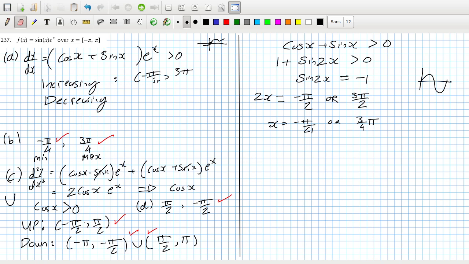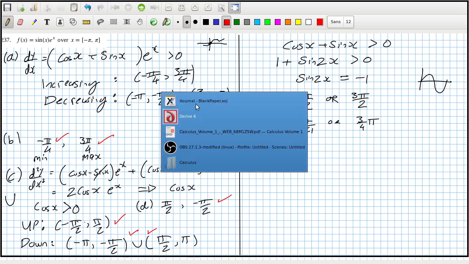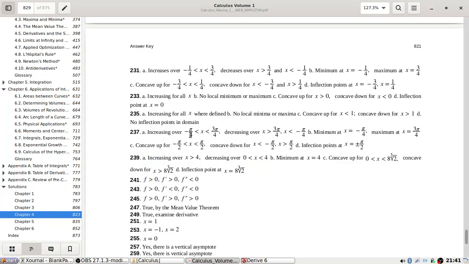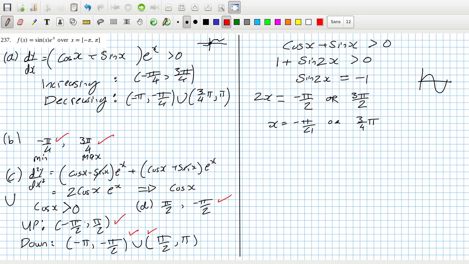Sorry, I meant pi over 4 here. And then decreasing would be outside this. Now, is that right? Yeah, now it's right.